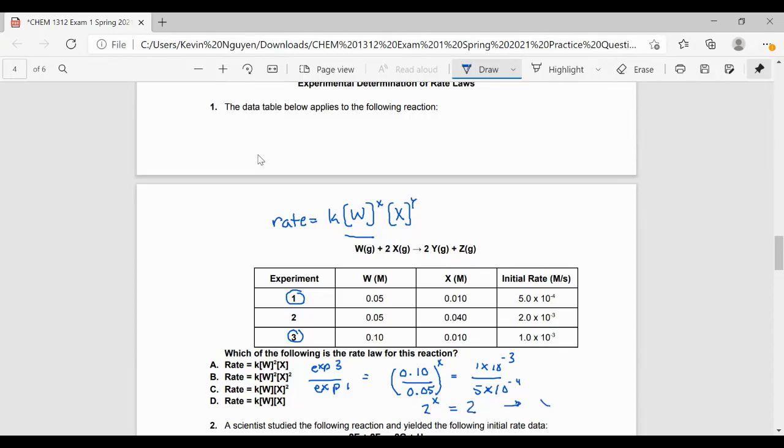All right, so that means that x has to be equal to 1. That means we can knock out these guys right here. So let's figure out what the value of y is. I'm going to do this in a different color.